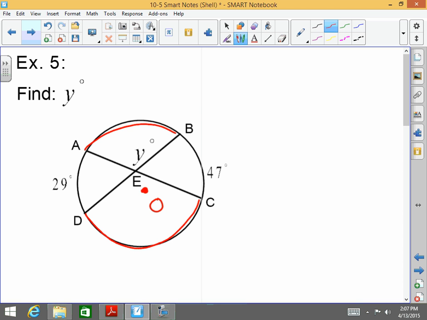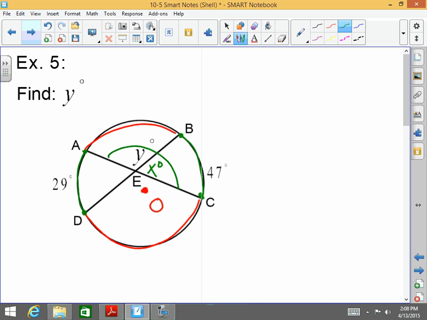However, don't I have arc AD and arc BC? So can't I find what this angle X is here? And once I find what that X angle is, these are supplementary and I subtract from 180. You with me there? So how do we find angle X?